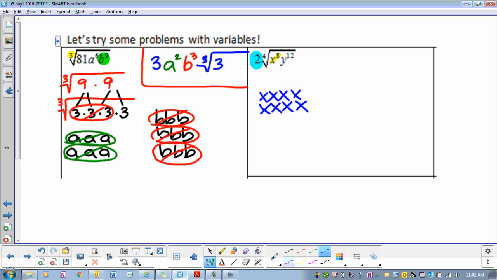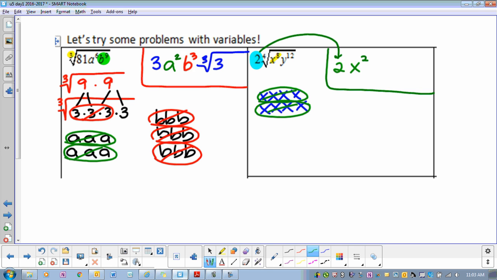Group of 4, here, and here. So that means I'm going to bring this 2 over because that 2 is just on the outside. How many x's come out? 2. X squared. And by the way, this 2 just came from that 2 that we already had. Okay?